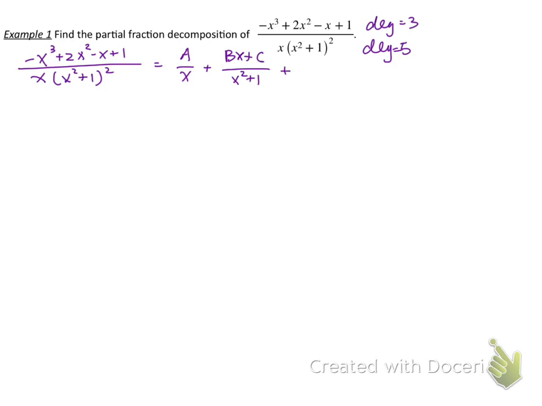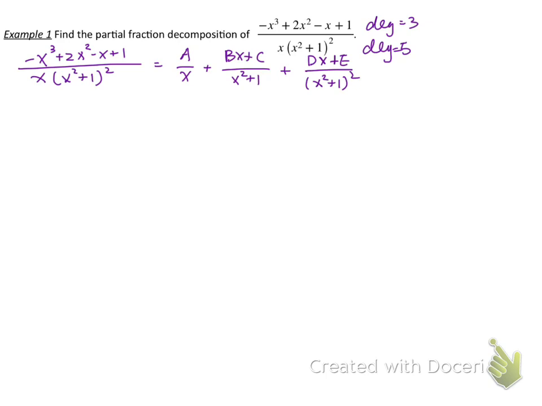And it has a square, which means I'm going to repeat with its square, then dx plus e. So for each factor, you go to its highest power. For a linear factor in the denominator, you use a constant, one number to solve for. And when you have the quadratic x squared plus 1, the numerator will be 2 terms, an x term and a constant.